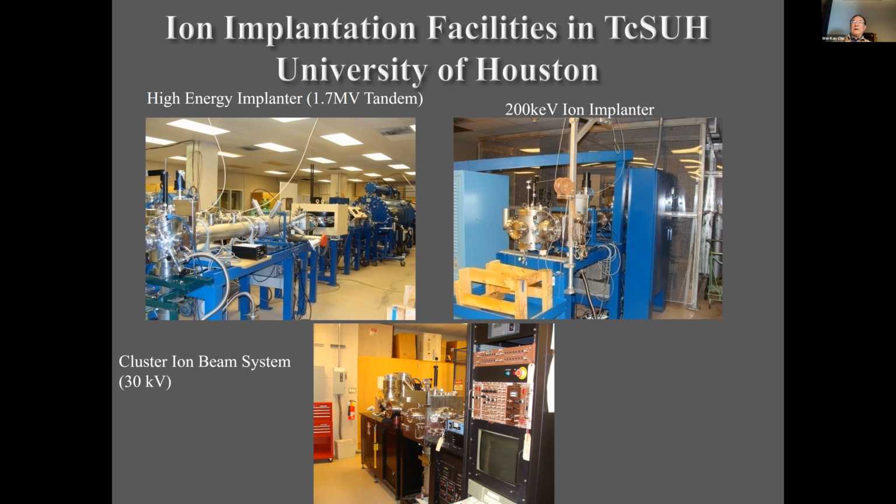The cluster could be a few hundred, could be a few thousand atoms. The ion source includes a high pressure gas bottle, let's say argon. Argon is the one we frequently use, compressed in a steel bottle.